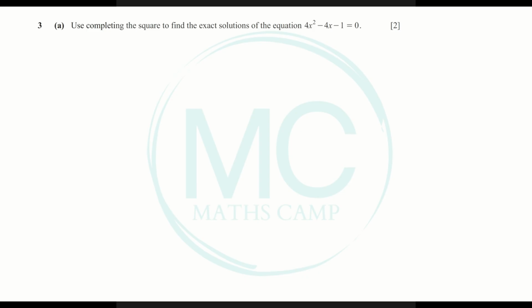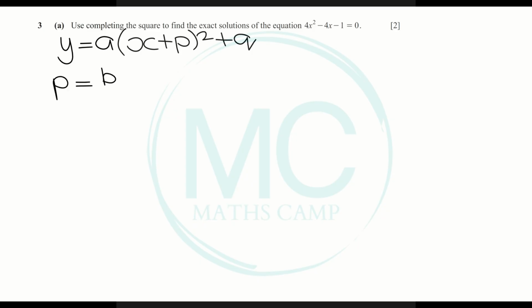Use completing the square to find the exact solutions of the equation. In completed square form, an equation takes on the format y is equal to a multiplied by the bracket x plus p squared plus q. To find p, you can say p is equal to b over 2a.